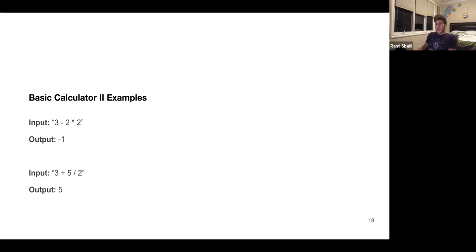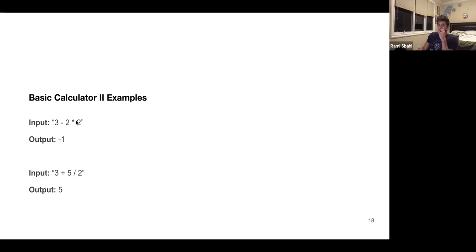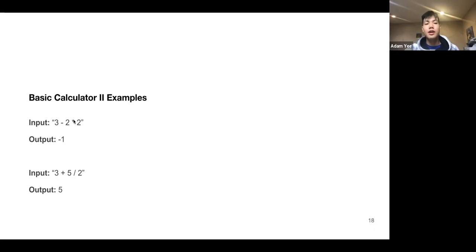At least that would take care of doing division or multiplication first. Okay, I think that's a starting point. So you're saying maybe push every single thing onto the stack to begin with. Yeah. Okay, that's a good idea.